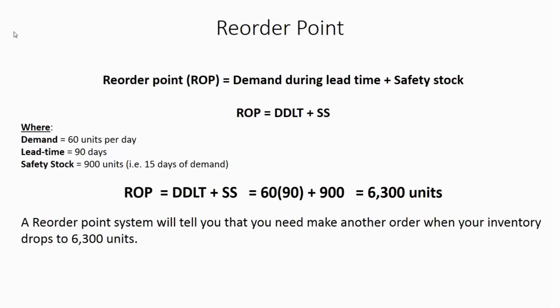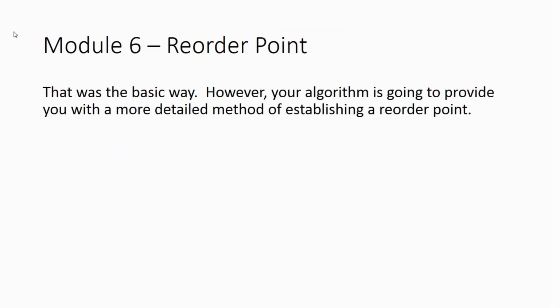When that happens, we need to make an order, or when it gets close to that amount, we need to start factoring that into our orders. This is a very short first video on reorder point calculations. The next video is going to go a little more in depth and be a little longer. That takes us to the next video on what we'll call the advanced reorder point method. See you in that video.